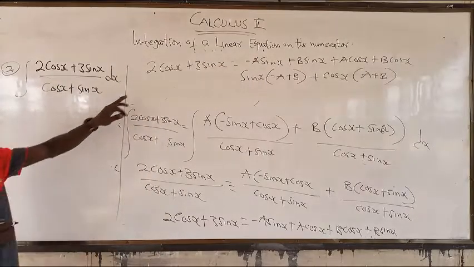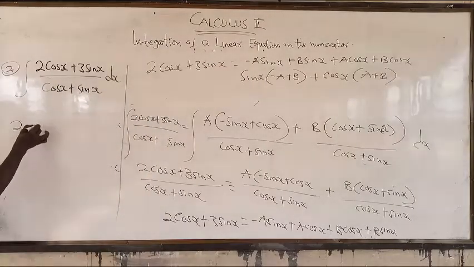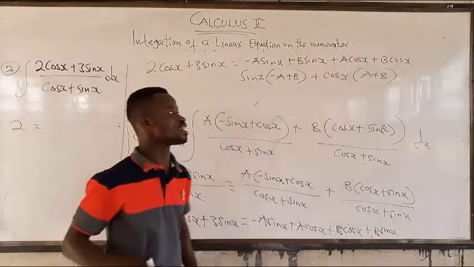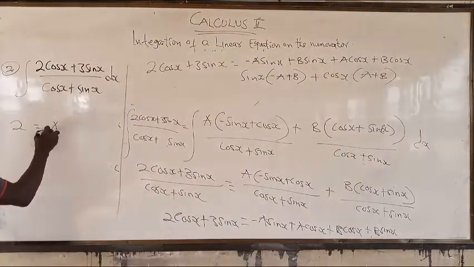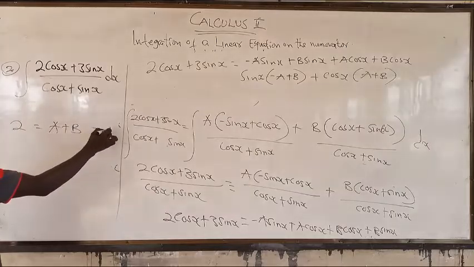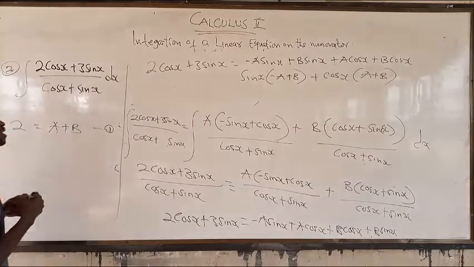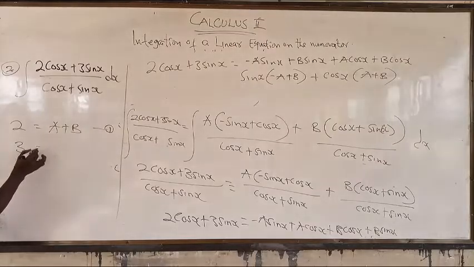So the coefficient of cos here is 2. But the coefficient for the right hand side here is a plus b. Very good. Put that in equation 1. The coefficient for the left hand side for sine is 3.